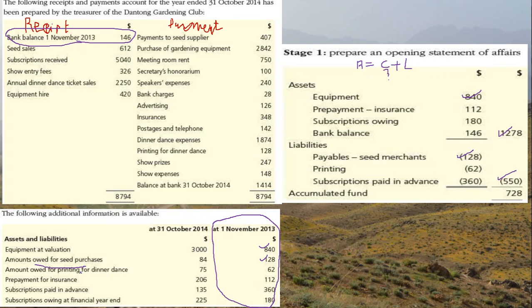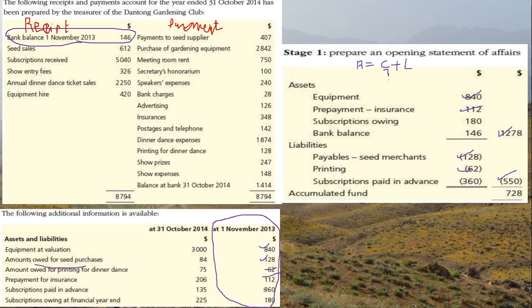So the amount for printing, we need to pay the printing supplier 62. That's also payable. Payable comes here, under liabilities. Then you have 112 as prepayment for insurance. Prepayment for insurance is your prepaid insurance. Prepaid insurance is a prepaid expense. Prepaid expenses are an asset for the business. So 112 goes in as your current asset.